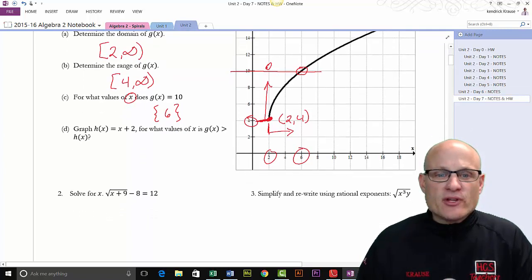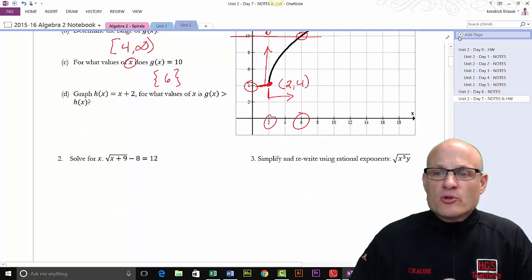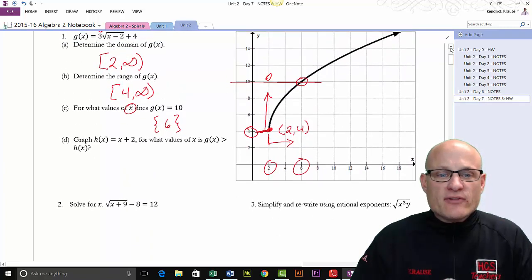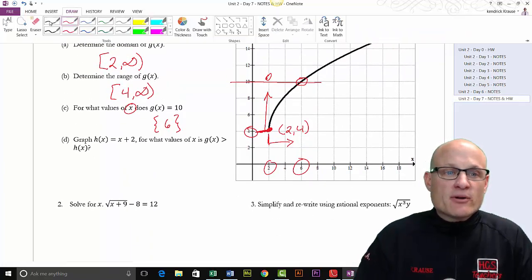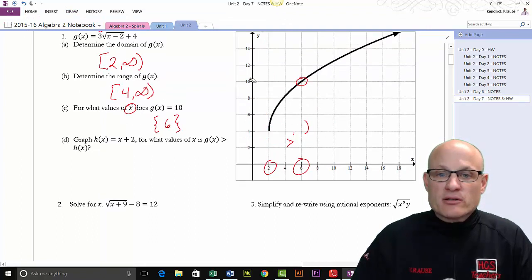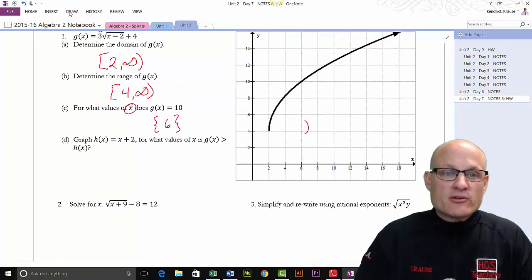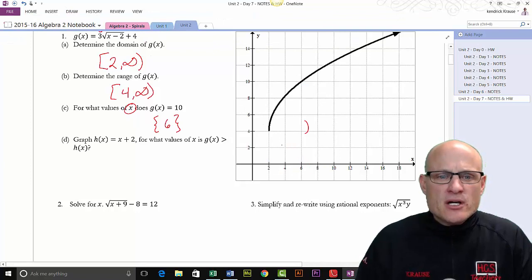And the next question says, graph h of x, which is equal to, well, if I'm going to do that, I better erase all this stuff I put on here because I'm going to graph a line. Let's graph it in red. h of x equals x plus 2. So it's got a slope of 1 and a y-intercept of 2.